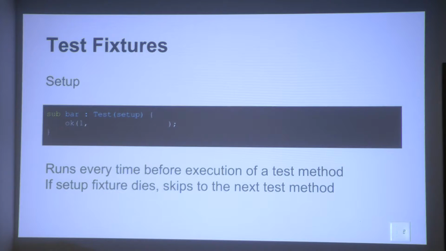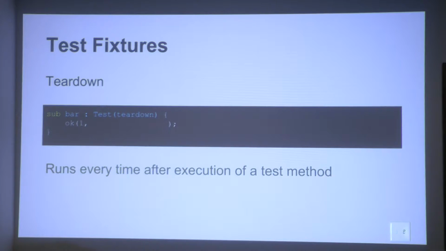There are setup fixtures which run every time before the execution of a test method. So if we have multiple test methods, like test method A and test method B, the setup fixtures will be run twice, once before test method A, once before test method B. Let me talk about teardown real quick. Teardown is the same thing.